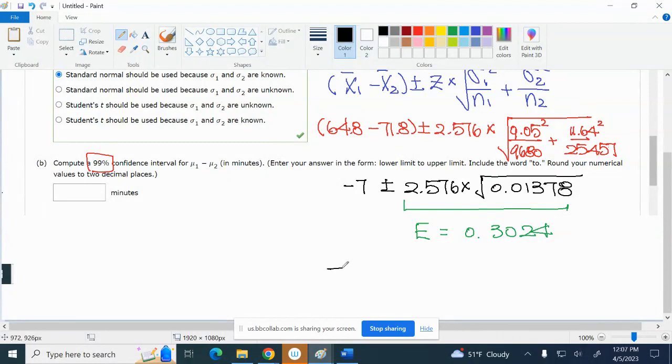Then the E will be 0.3024. Now let me take the smaller one to the bigger one. So it's -7 minus 0.3024. The lower limit is -7.3024. And let me take the sum: -6.6976.